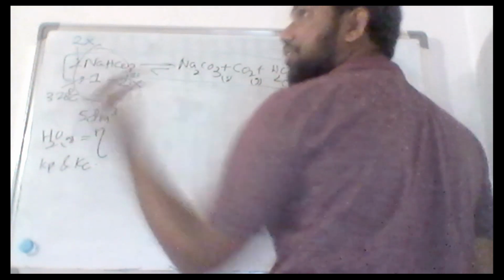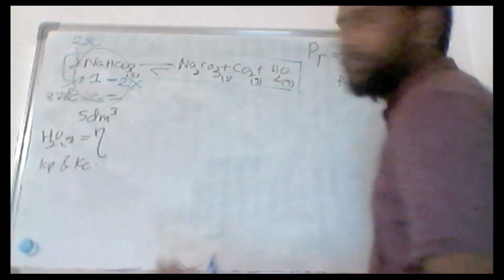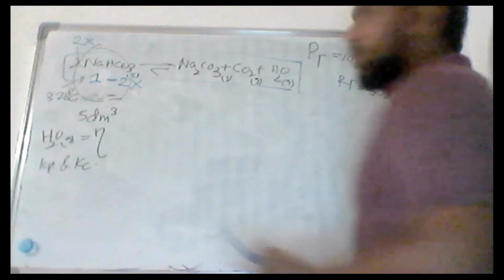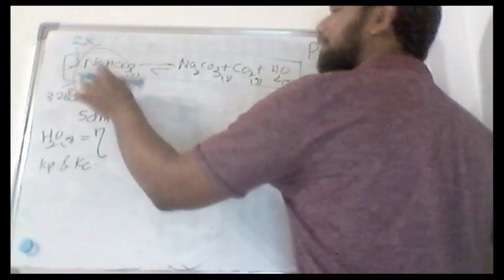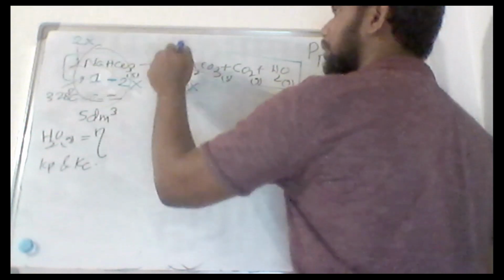So 2x amount is reacted. Why did I take 2x? Because there is a stoichiometry of 2 here, so it will be easy for me to balance the product side. Then at equilibrium, 2x is reacting, which means x is going to form because the stoichiometry is 2:1.